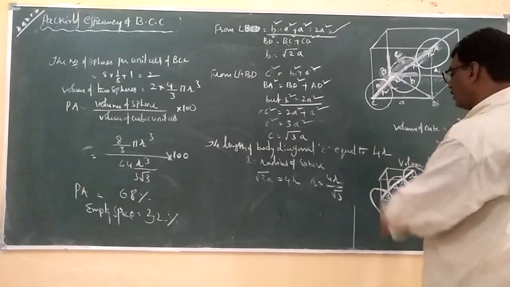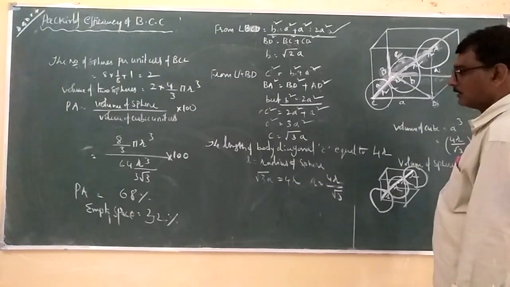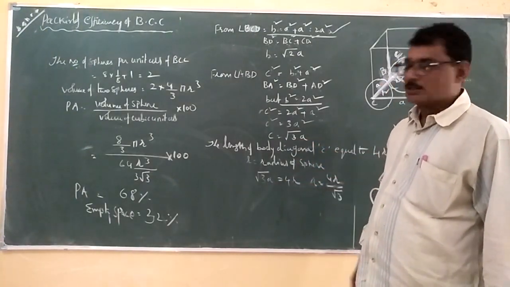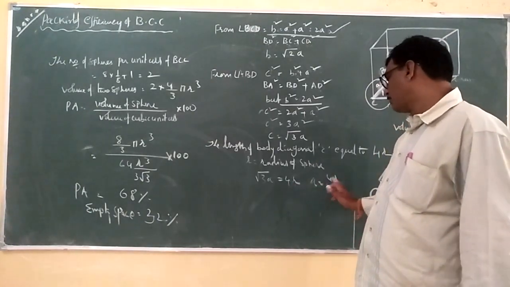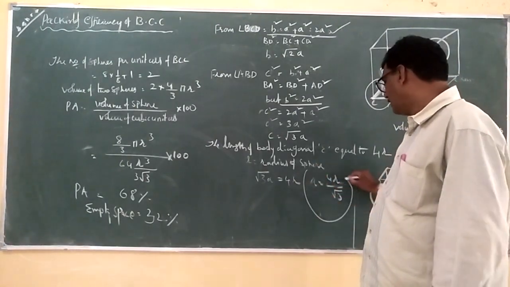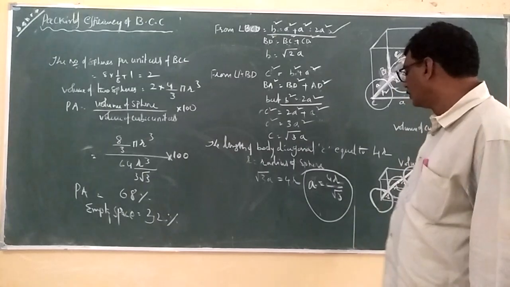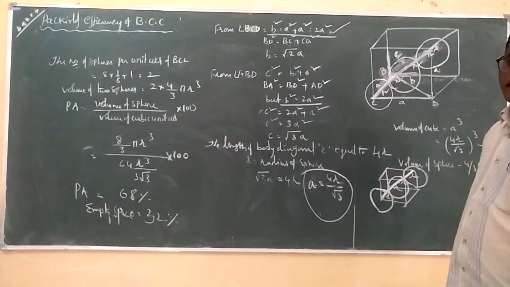Therefore C is equal to 4R, and C is square root of 3 A. Square root of 3 A is equal to 4R, so A is equal to 4R by square root 3.